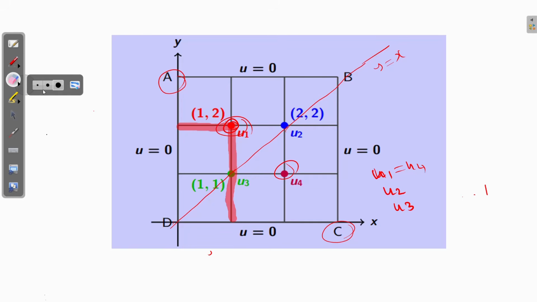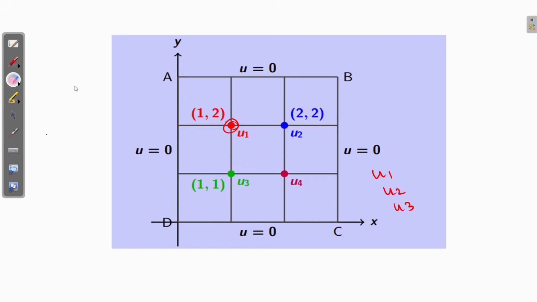Similarly, what about this position, the U2 position? U2 position will be here.